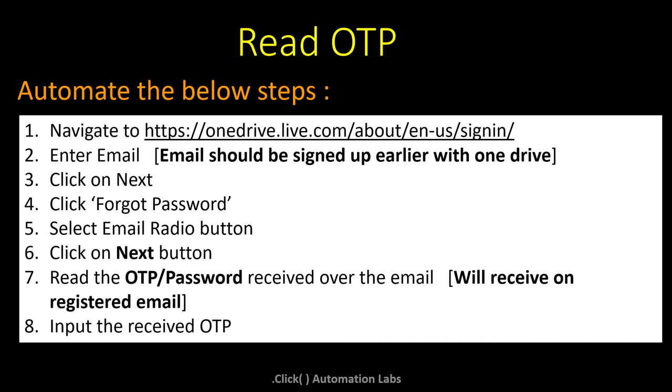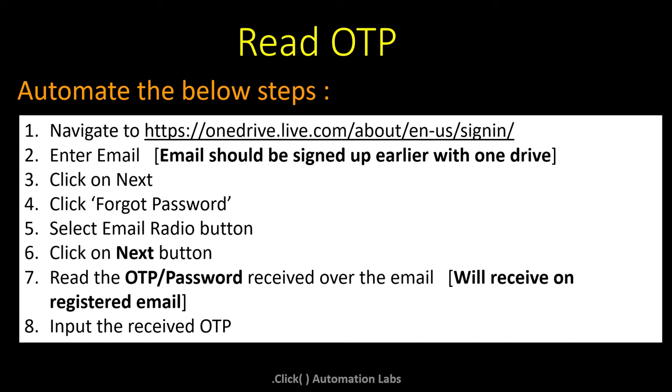Then it will generate one OTP to your Gmail account, and our task is to read that OTP from your Gmail. After you read that OTP, you can input it on your web page. So this is the script we wanted to automate.